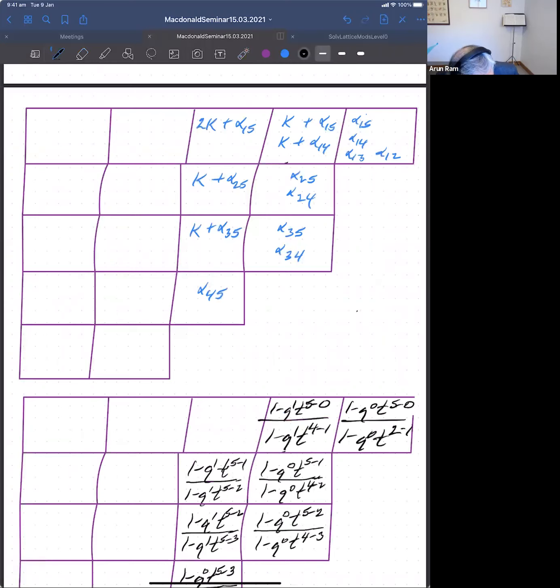And similarly here, you get (1 - q^2 t^(5-0)) divided by (1 - q^2 t^(5-1)). And in my mind, this numerator is always the first root in the box, and this denominator is always the last root in the box.